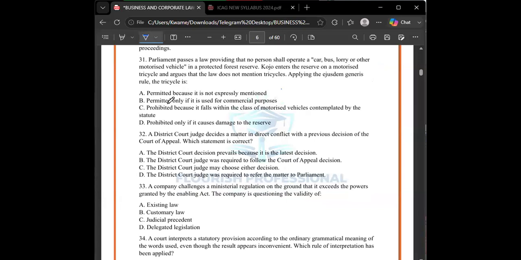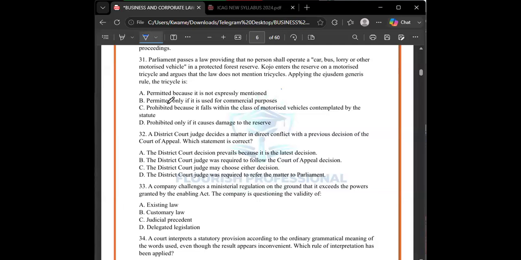31. Parliament passes a law providing that no person shall operate a car, bus, lorry, or other motorized vehicle in a protected forest reserve. Kojo enters the reserve on a motorized tricycle and argues that the law does not mention tricycles.